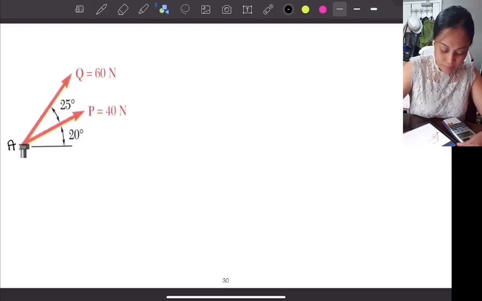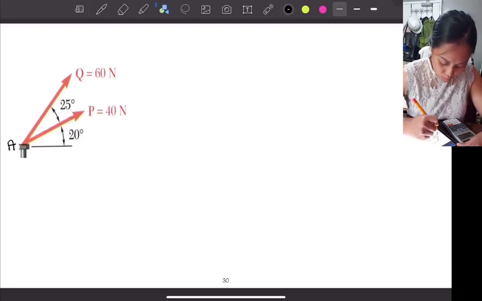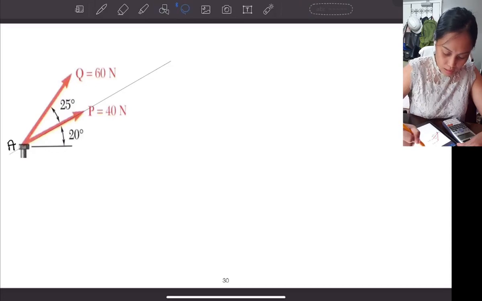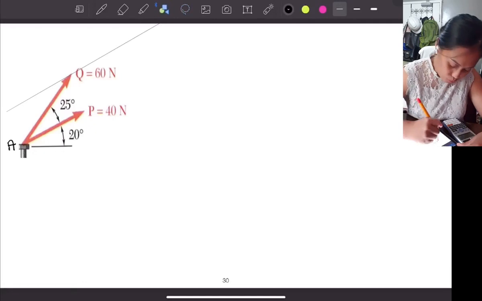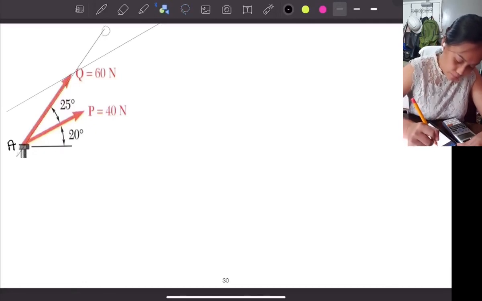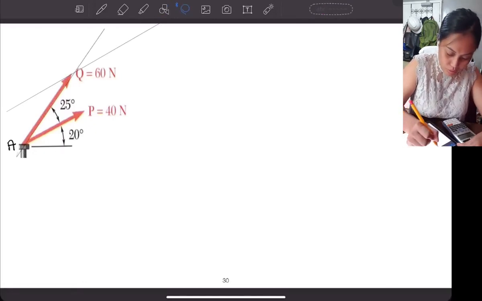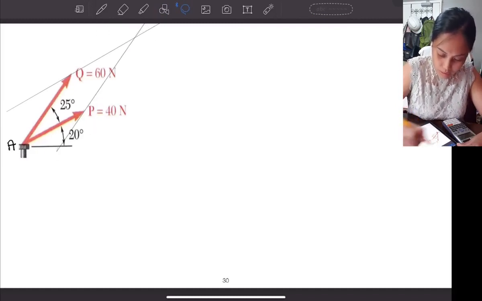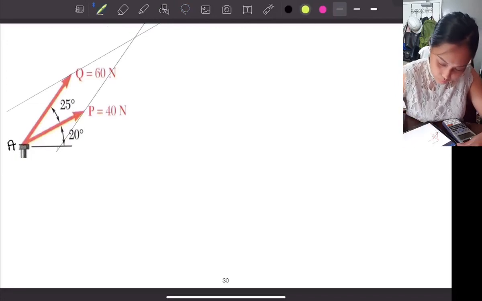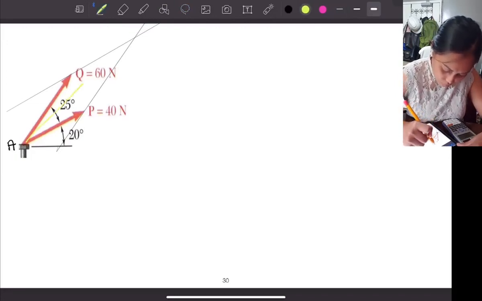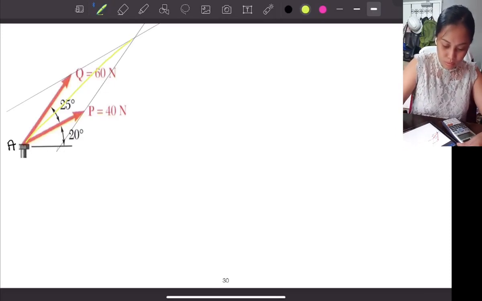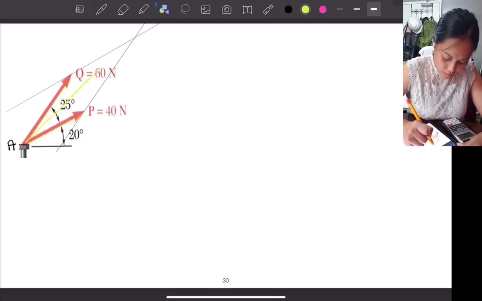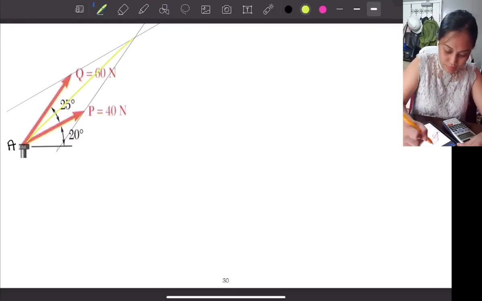We draw again a line parallel to P but drawn from Q, and then a line parallel to Q drawn from P. The included diagonal is our resultant force.